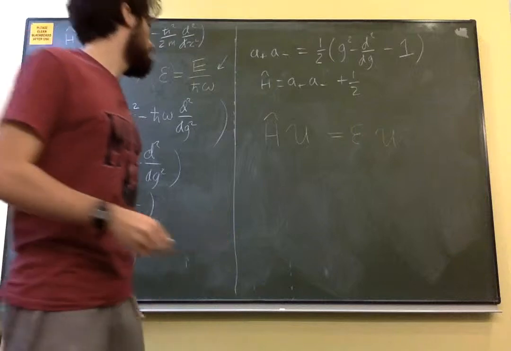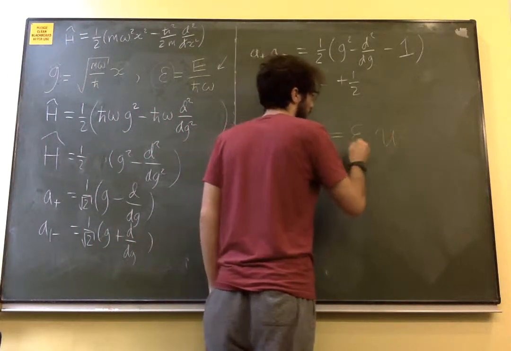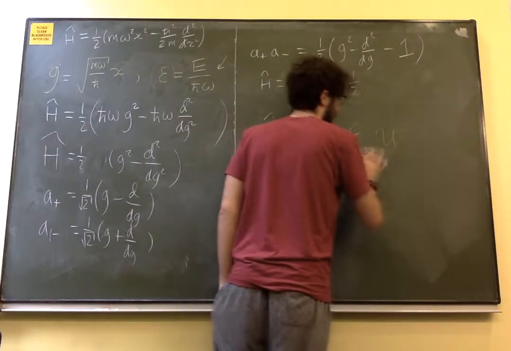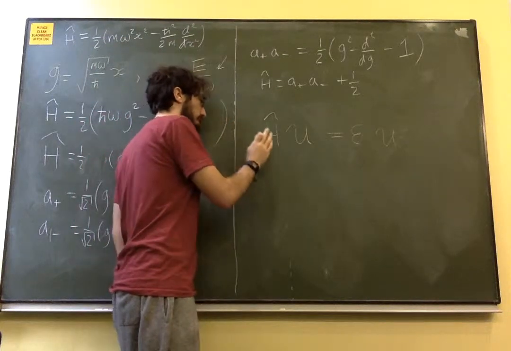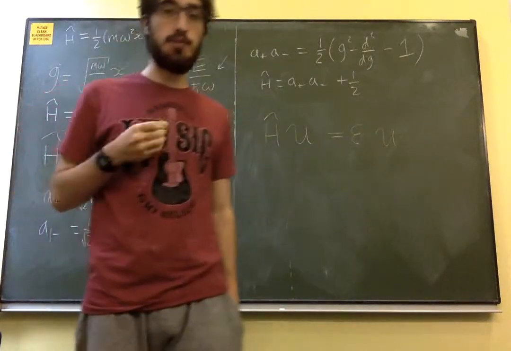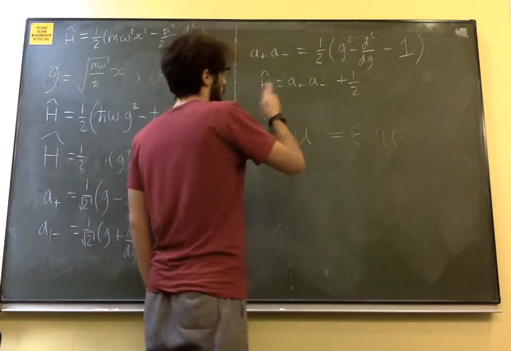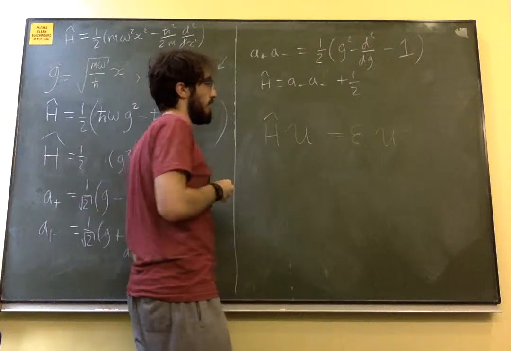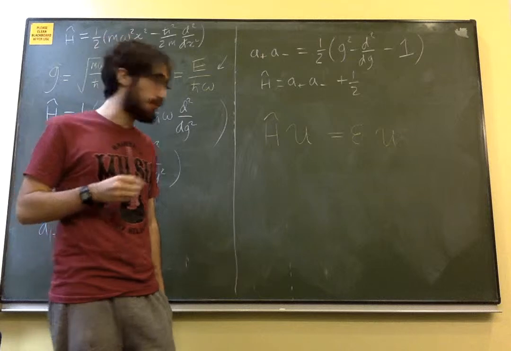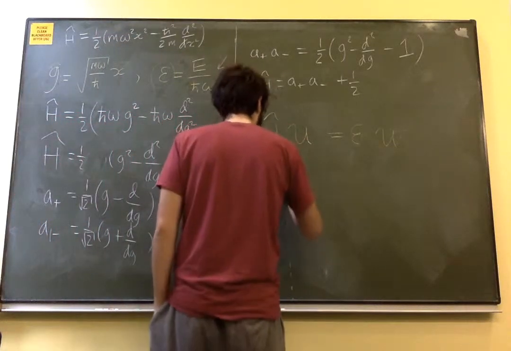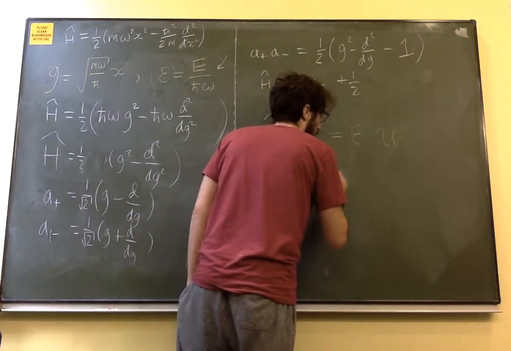So here's the deal. I have a Hamiltonian acting on some eigenfunction, which I'll call u, and it spits out an energy eigenvalue epsilon times u. That's what it means for u to be an eigenstate of H, the Hamiltonian. So what does the raising operator have to do with this? We're going to show that if I apply the raising operator to u, this won't necessarily be some constant times u.